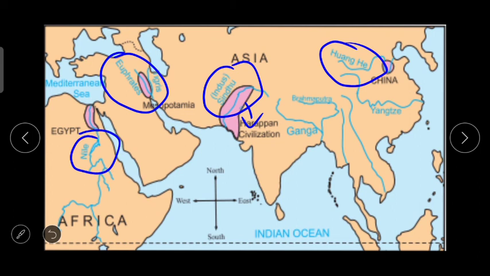So these are the rivers where the civilization started, settlement of human beings started, and there only man started experimenting with a number of things. How to use the resources, how to use the naturally available things for the use of human beings.